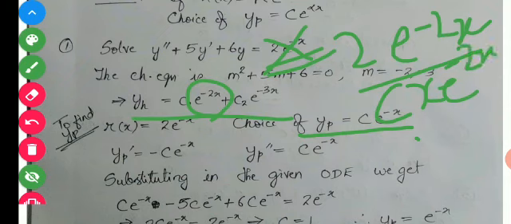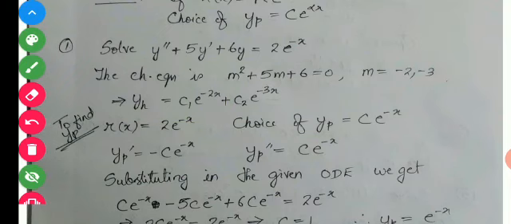The reason is e raised to minus 2x is already a part of your solution, that is, it is a solution of your homogeneous part. So when you take yp, you should take it as x into e raised to minus 2x, because that has already been a part of your yh. That is what that note suggests. I'll repeat once again.